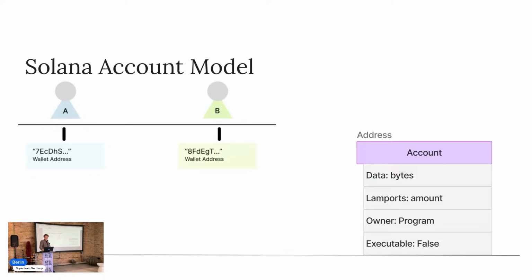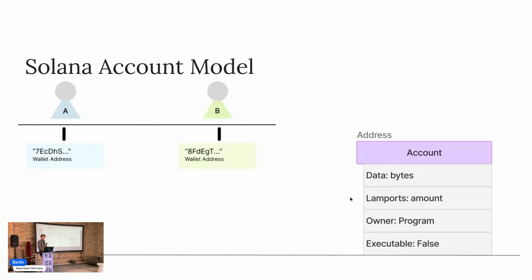Now, to make it really tangible: if you have any kind of application, any users, let's hope you get users, then everyone needs a wallet, right? This is just a key pair. And every wallet is an account which has different fields. For wallets, the data is empty.